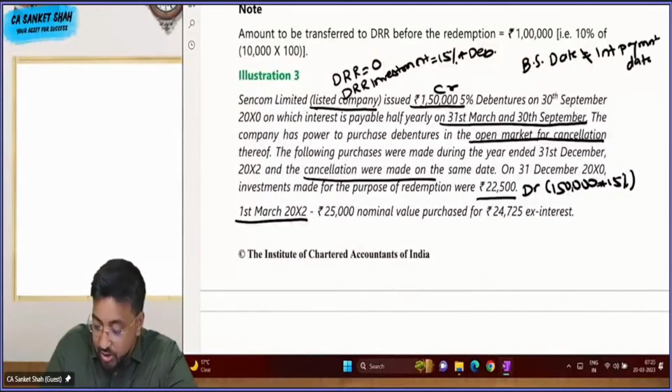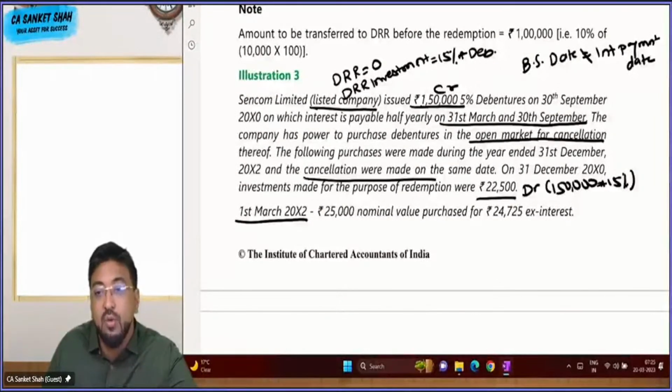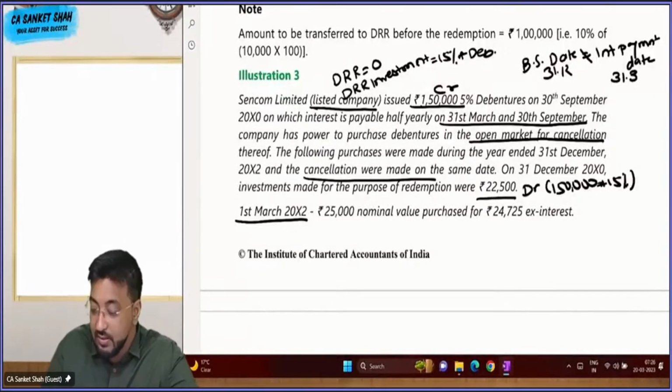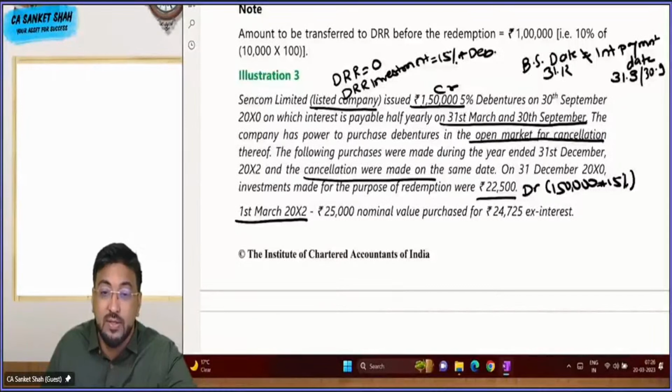Remember, in this question interest account is not asked. If interest account is also asked, beta, then we have to write opening and closing balances. If balance sheet date is not equal to interest payment date, meaning 31st December, and here it is 31st March and 30th September, so beta, what is going to happen? Very simple, your interest will be outstanding for some months.